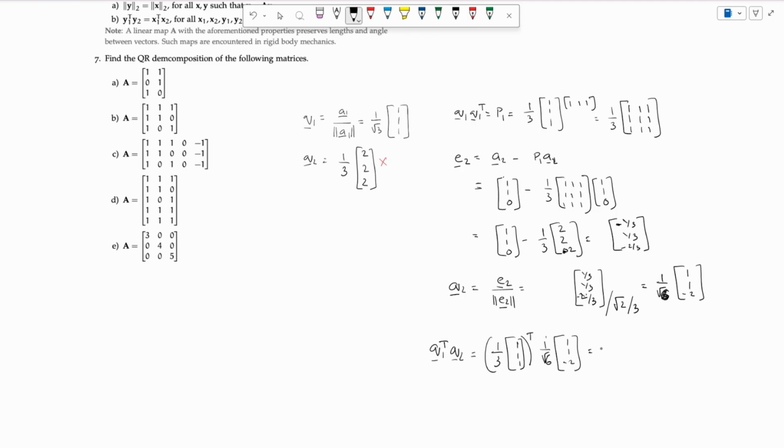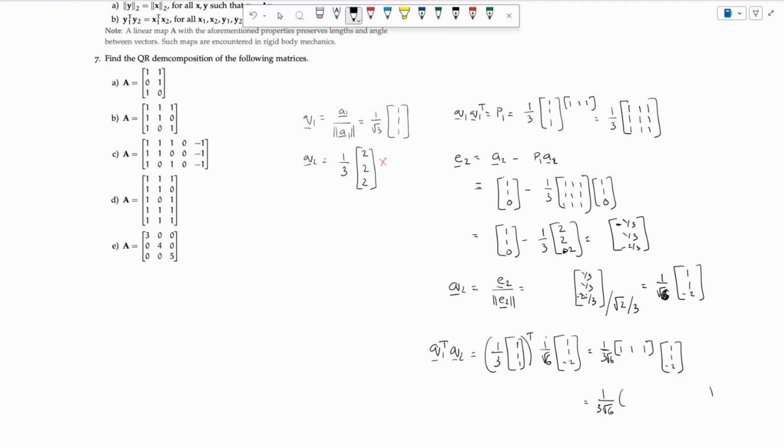The scalar can come out, so it will be 1 by 3. The column vector will become a row vector. The 1 by root 6 can also stay out, so I'm going to put the root 6 here. (1, 1, minus 2). The scalar remains the same. How do we compute the inner product now?